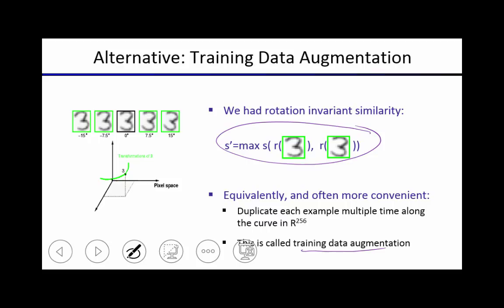Yes? Could you explain the notation with R? Okay, so what this notation means here, it's essentially saying if you have a vector that comes in, R is generating a curve in this 256-dimensional space, or it could be more than a curve if you allow for more than one variation to be induced, let's say translation and rotation.